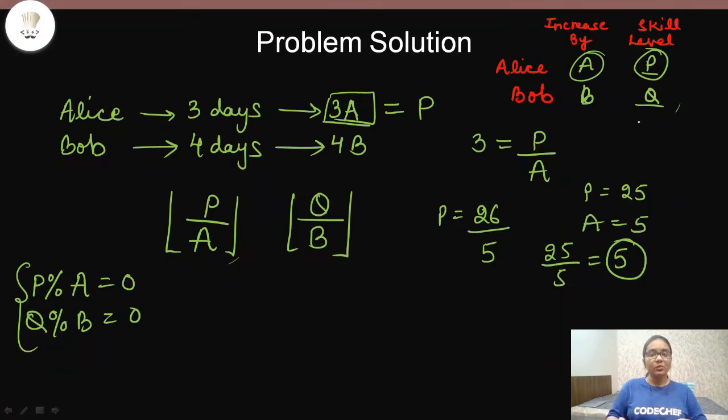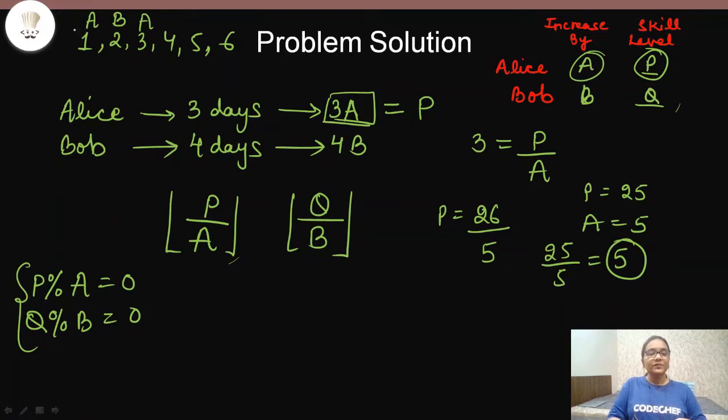But there is one more thing you need to keep in mind in the solution: Alice and Bob are working on alternate days. Now what does that mean? Let me write down the counting. Suppose Alice worked for 2 days and Bob has worked for 1 day, then there is no gap in between, meaning they are constantly working.